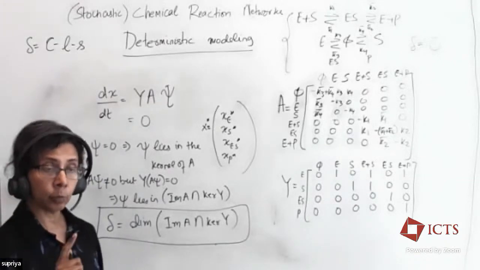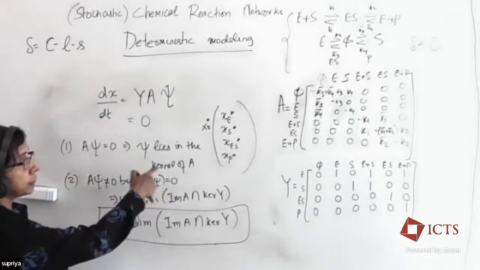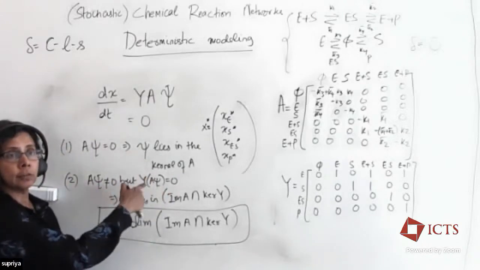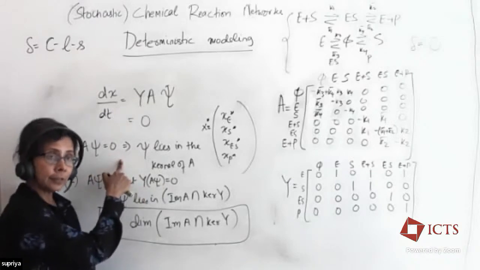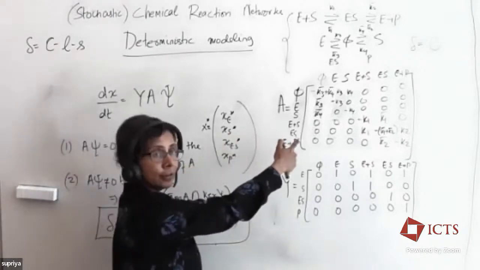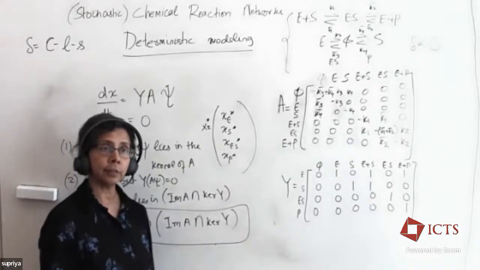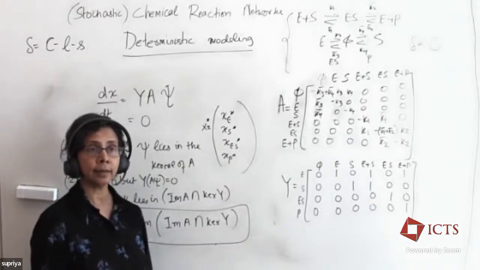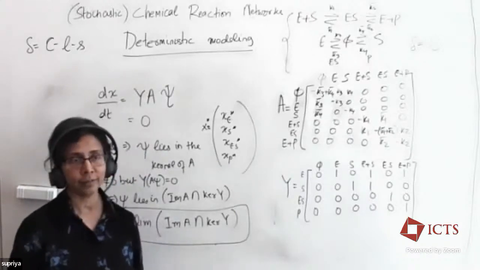In turn, that means that this second possibility does not exist for deficiency 0. Only the first possibility exists. So for deficiency 0 networks, all information is contained in the A matrix. It's enough if I find the null vector for the A matrix, and then I'm done. Okay, almost done.